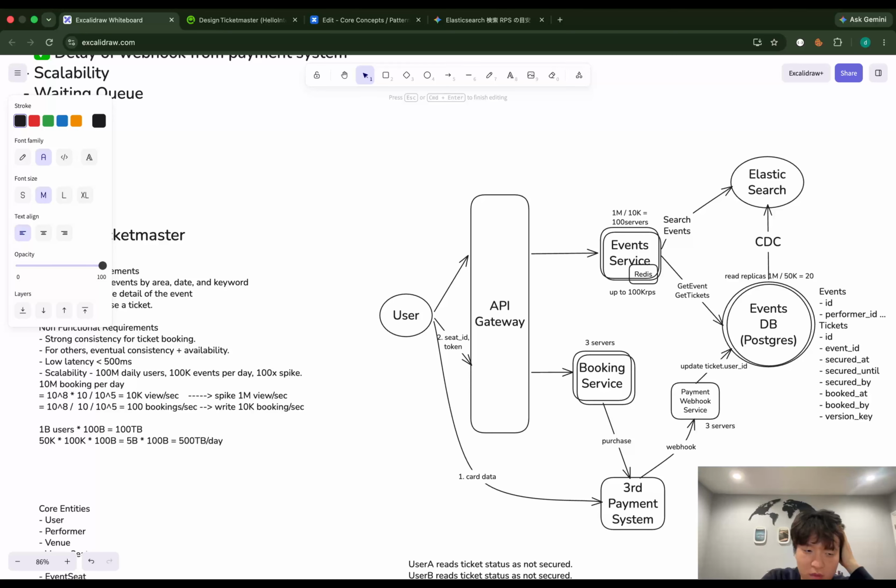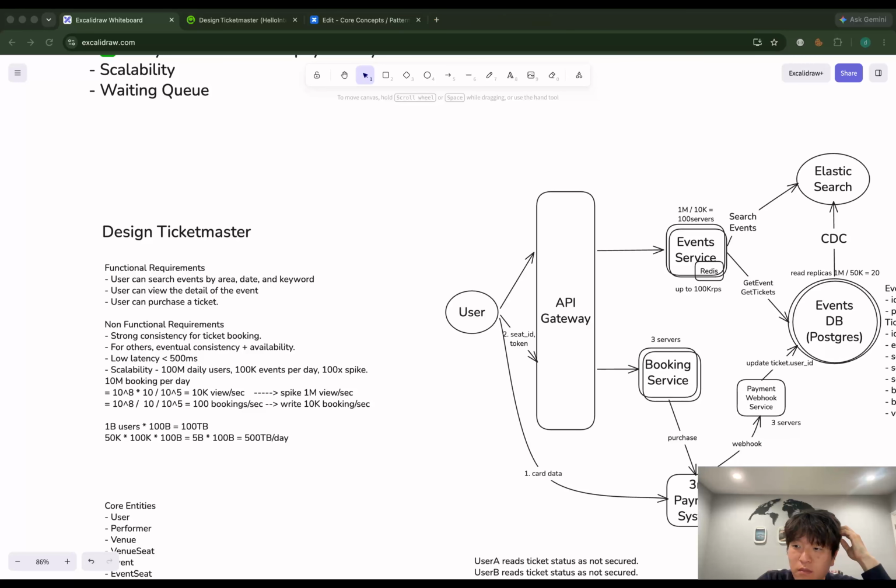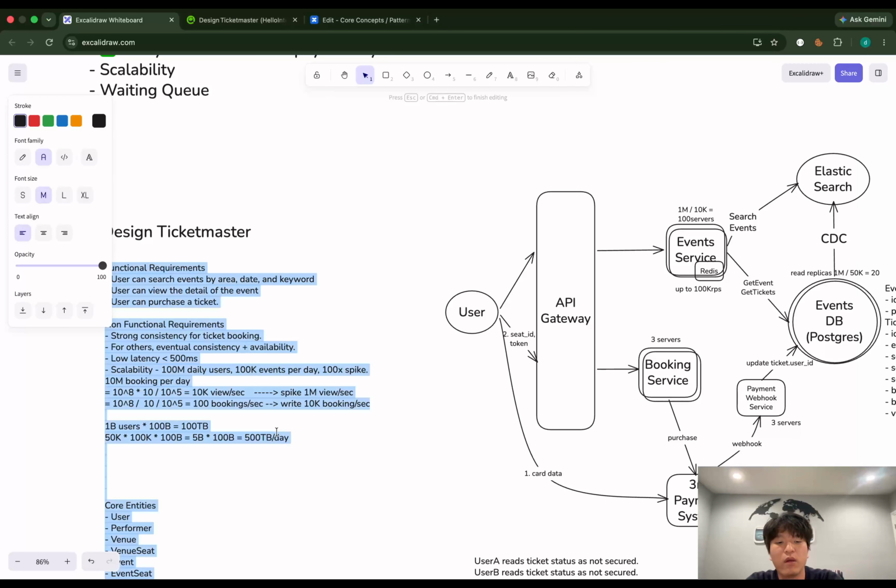Is it possible? 50K seats per event, and each day 100K events. I can't believe this is possible. Let me double check. Okay, so yeah, I would handle 500 terabytes per day.